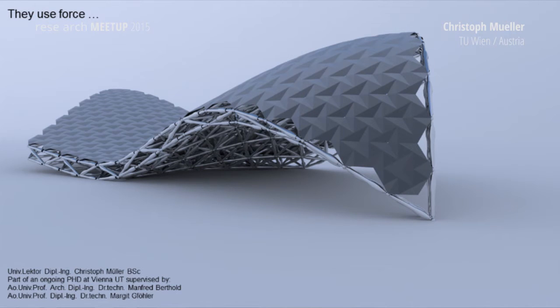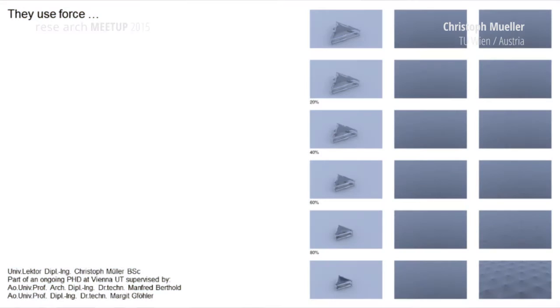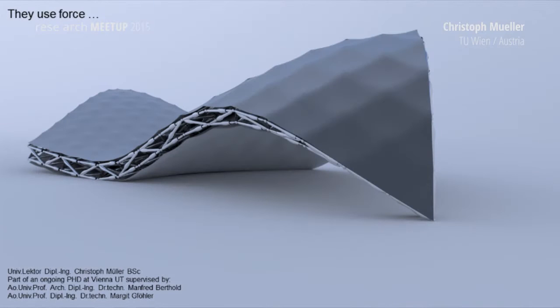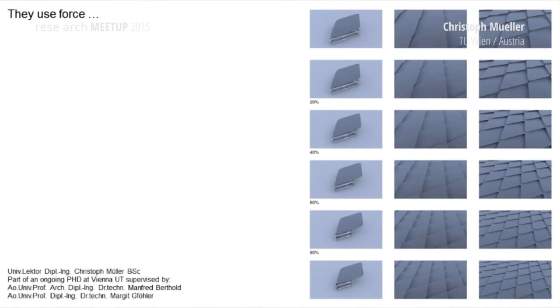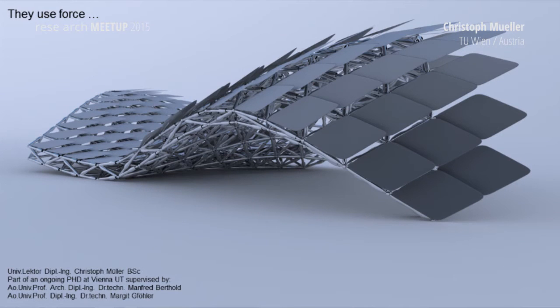Here you can see it applied to the shape. You can think of expanding material. So this is all about the question, how are you able to create a surface which is able to make this change of scale? Layering is another idea.